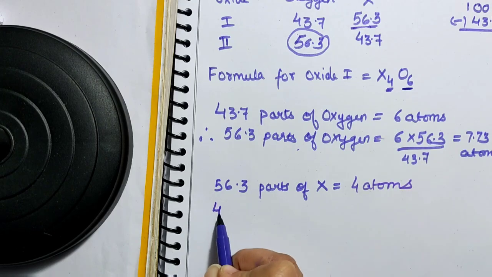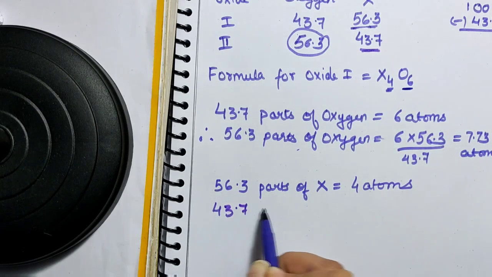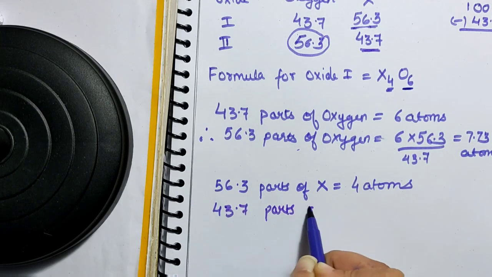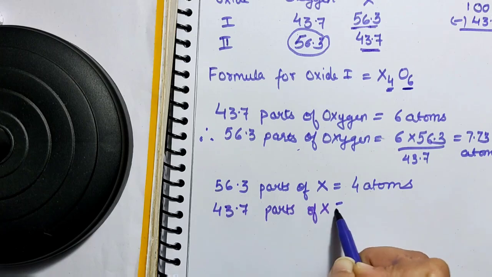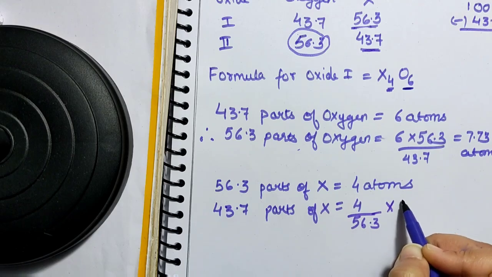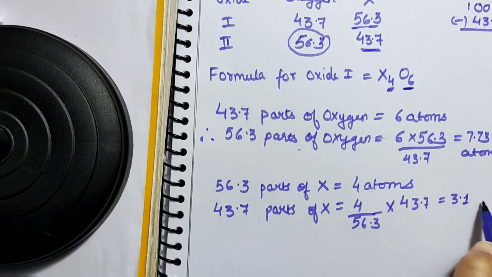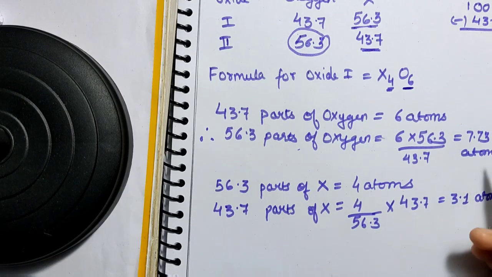So 43.7 parts of X in oxide 2 will be equal to how many X atoms? 3.1 X atoms.